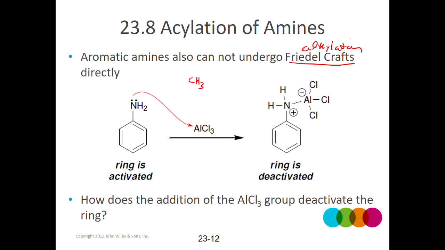Let's say we wanted to add a methyl group to the ring. Well, we would put a leaving group there, and the aluminum would be attracted to that, or the lone pair of the chloride would be attracted to the aluminum, and that makes the chloride a much better leaving group.